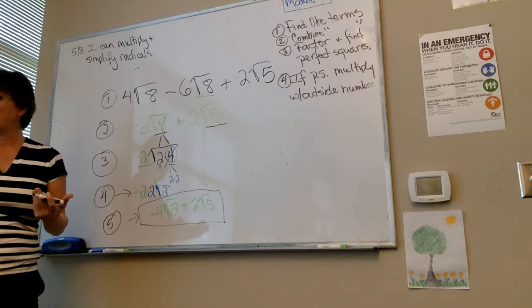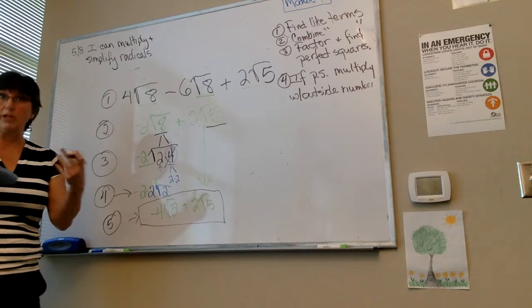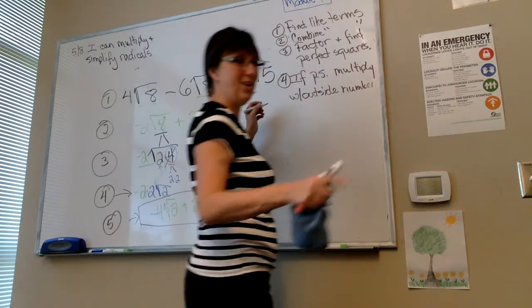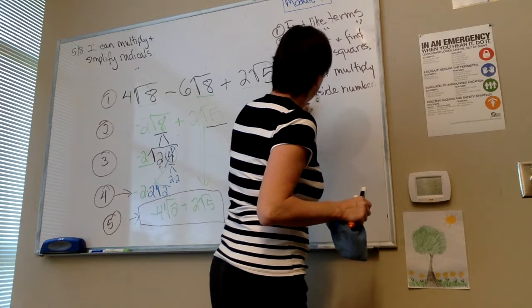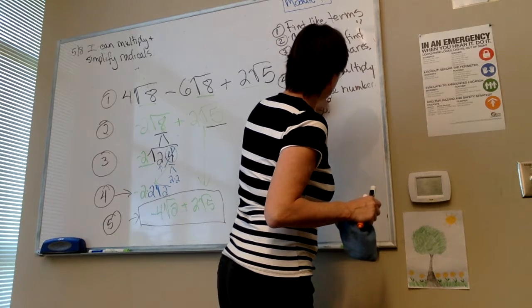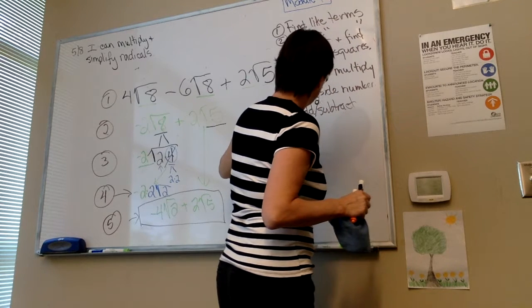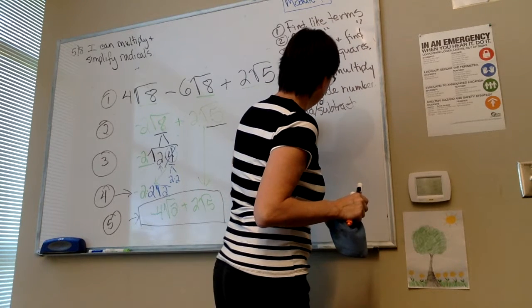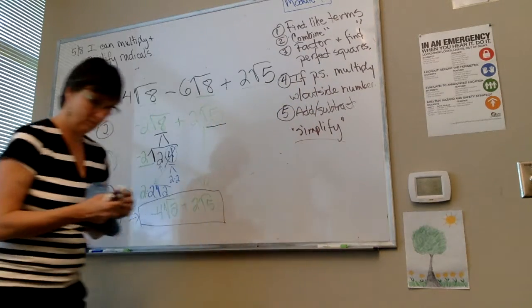Maybe add it all together. Add or subtract it all together. Bring it all back together. Add or subtract, which is another way of saying simplify. And you're done. Voila.